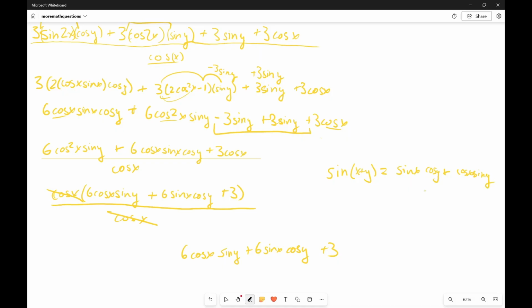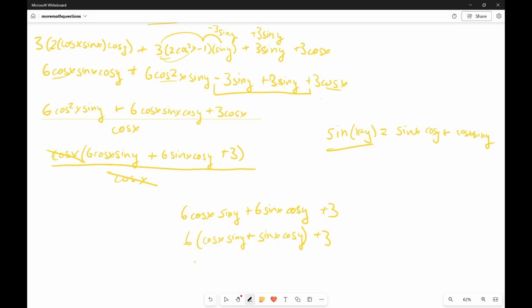That's another identity that we can use, because essentially what will happen is that when I factor out the 6 from here, we get cosine x sine y plus sine x cosine y plus 3. And then this thing over here can just be replaced by this because it's the same thing. Addition is commutative, so we are good to replace this with sine of x plus y.